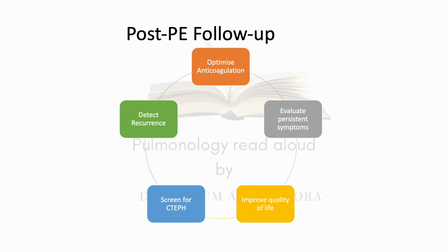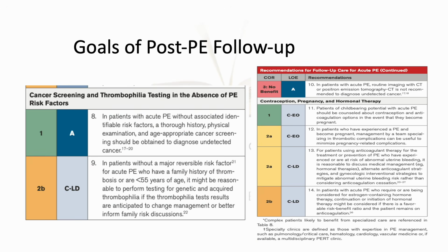So a post PE follow up requires optimization of anticoagulation, deciding which anticoagulation, evaluating symptoms, trying to improve their quality of life, screening for CTEPH, and detecting recurrence. So, objectives are preventing recurrence, evaluating symptoms, and looking at both physical and psychological well being of your patient.